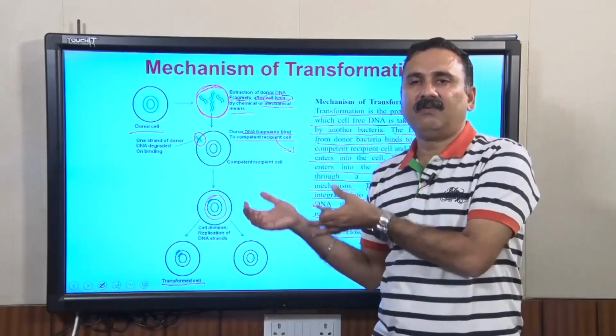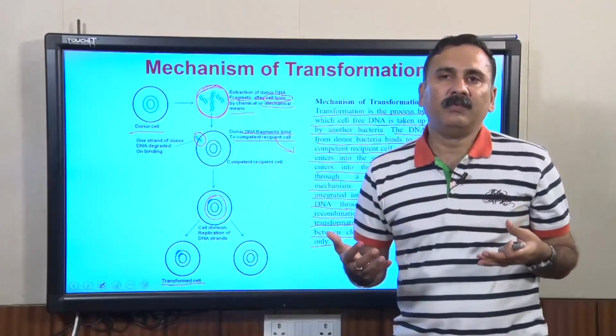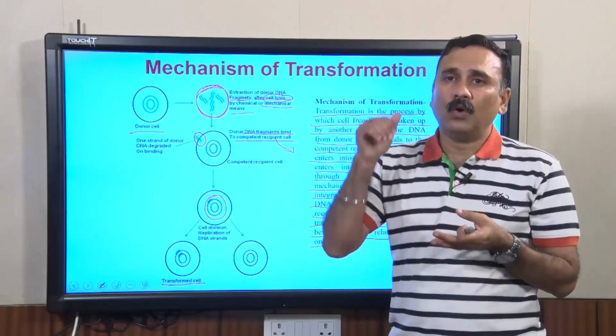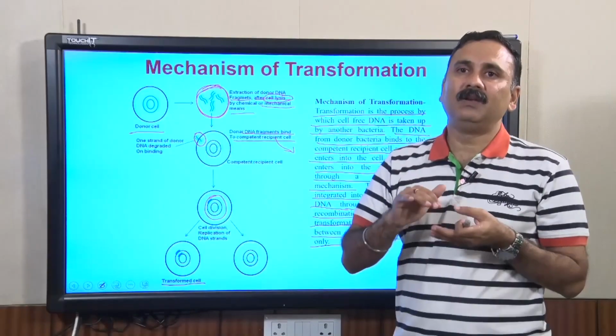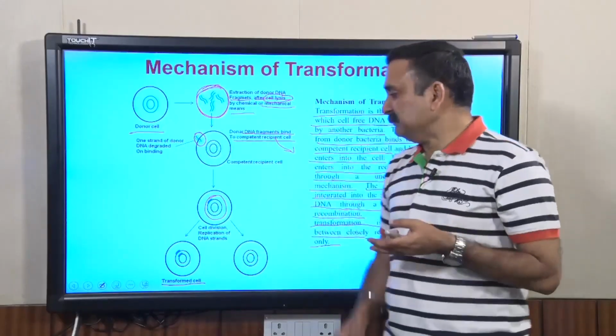So, as soon as the DNA enters into the recipient cells, it is not going to be degraded, and that is how it is going to get a chance to go to the chromosome, and then it will integrate into the chromosome by homologous recombination.